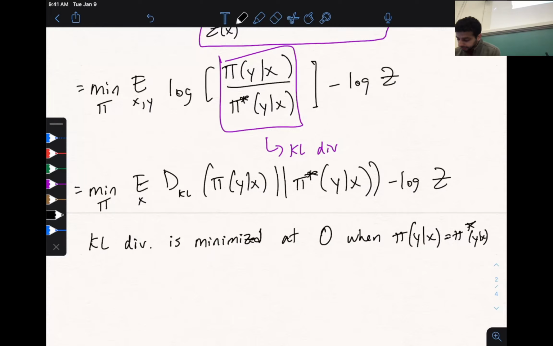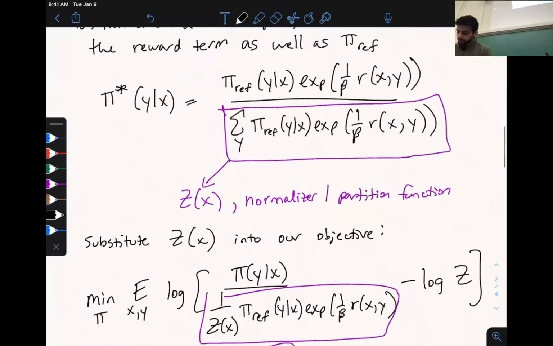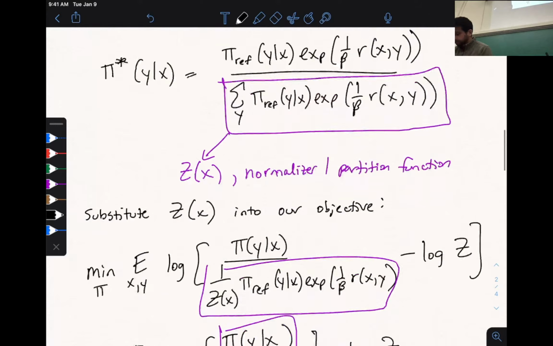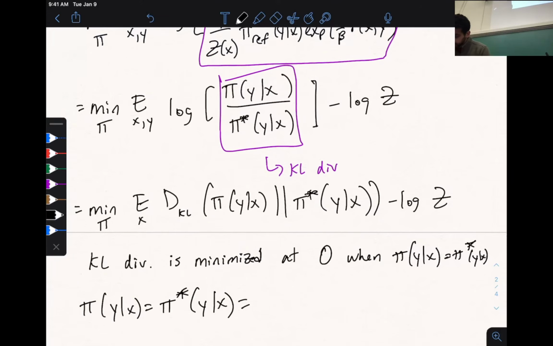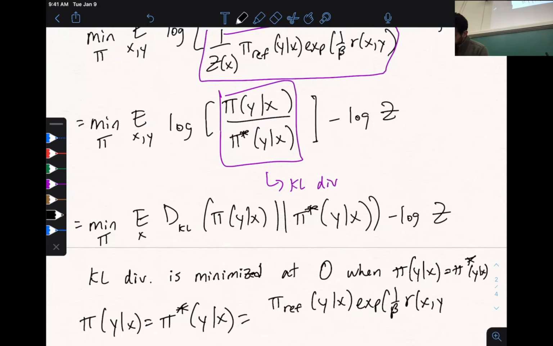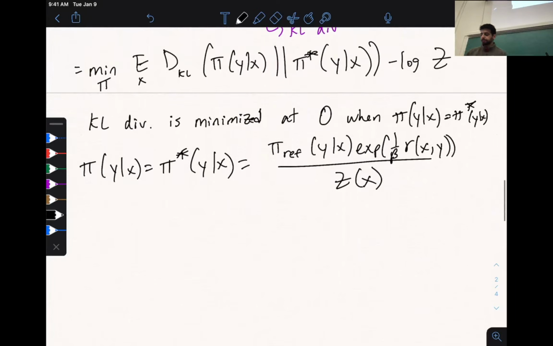And so if this is equal to pi star y of x, it is equal to what we have up here, which is, I can just write this with the z of x instead, pi ref y of x times the exponentiated reward over the normalizer.